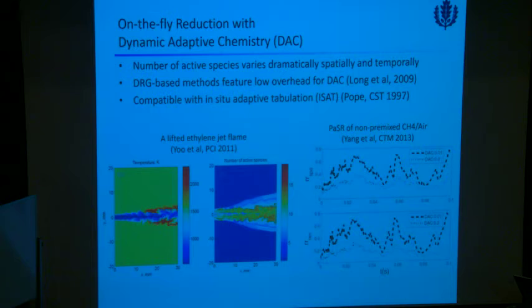But whatever method is developed, make sure, because the key thing in on-the-fly reduction is you cannot do post-validation on the fly. You put the method in there, and whatever it gives you, you have to take it. If you cannot make sure the reduced model is correct, then the simulation may go wrong. So just make sure you are conservative if you want to do on-the-fly simulation.